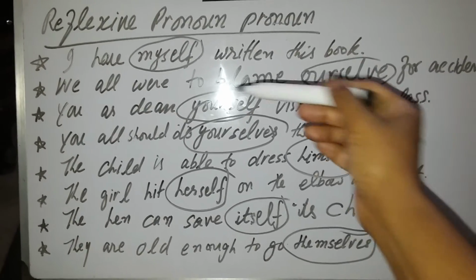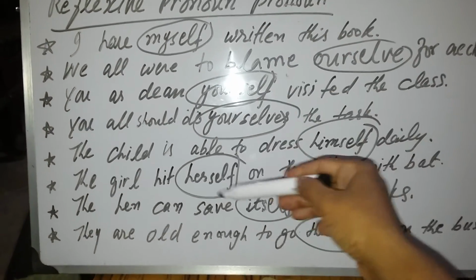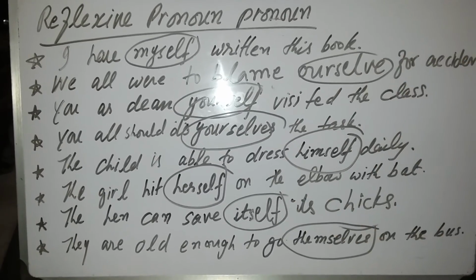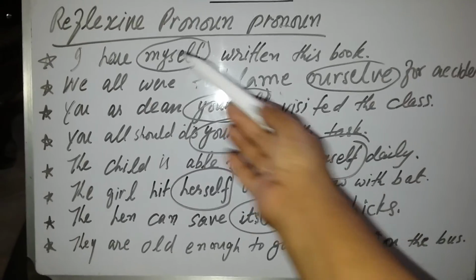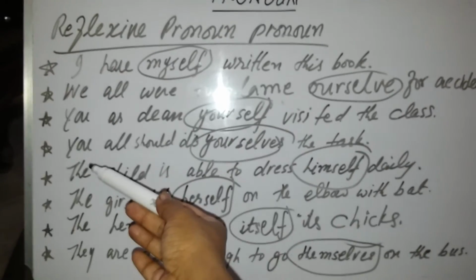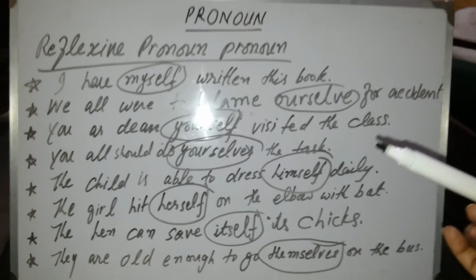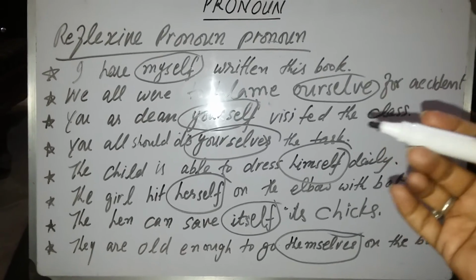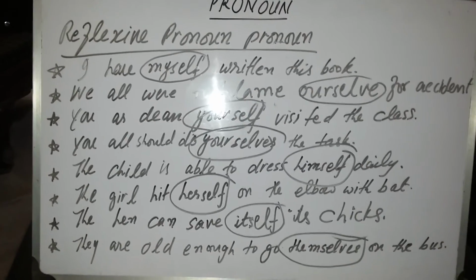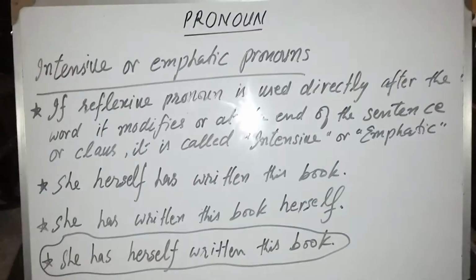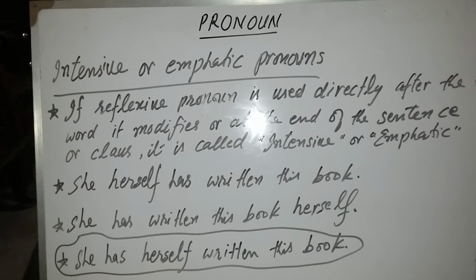But when these reflexive pronouns change their place, if they are written at the end of the sentence or at the very beginning, then the name of this reflexive pronoun and their work is also changed. How? Now I am going to give you some more examples. Now this is another kind of reflexive pronoun.